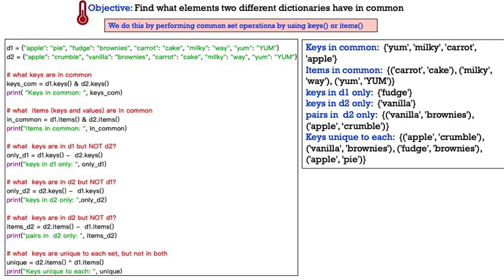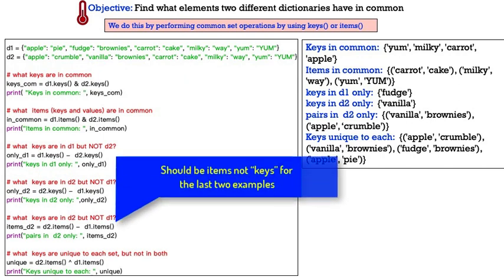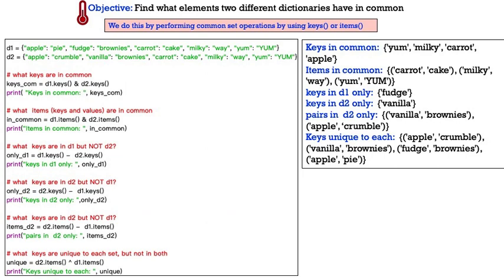We see that that's vanilla, and you can check this against the list. Make sure that I'm being accurate here. This next one should say what items are in D2 but not D1. So the comment here is wrong, it should say what items are in D2 but not D1. So vanilla and brownies and apple and crumble are the only two that are in D2 but not D1.